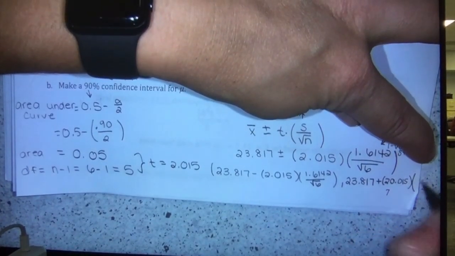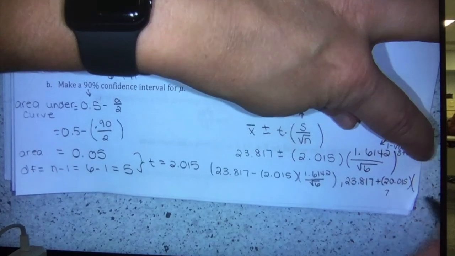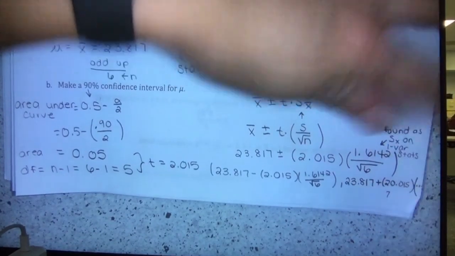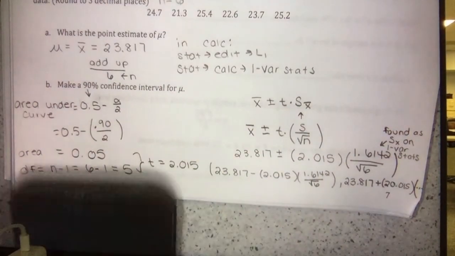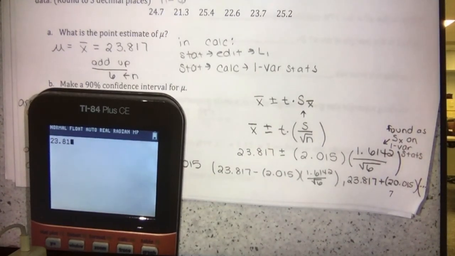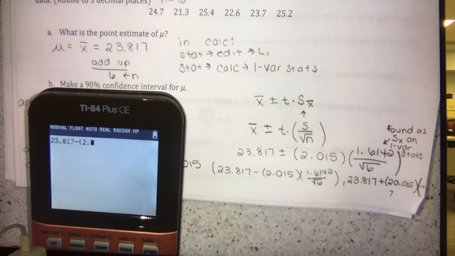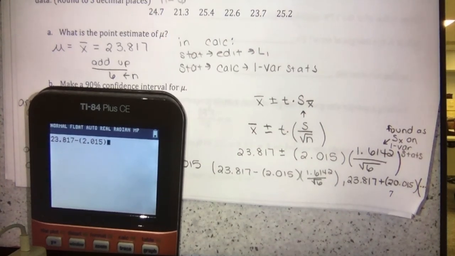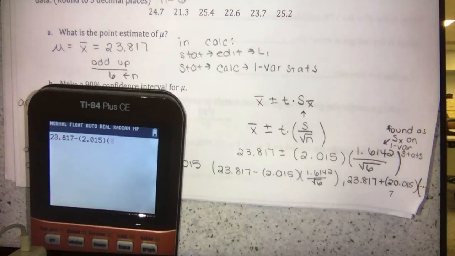So 23.817 minus 2.015, our t value, times that sampling standard deviation.